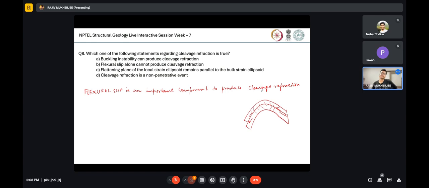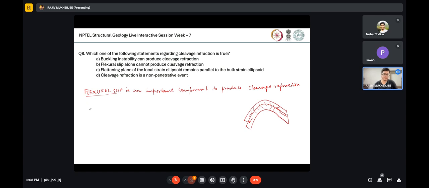It is not possible. So flexural slip is mandatory. Flexural slip is a mechanism for generating folds. So you will learn in the geometry of folds and the mechanism of folding.